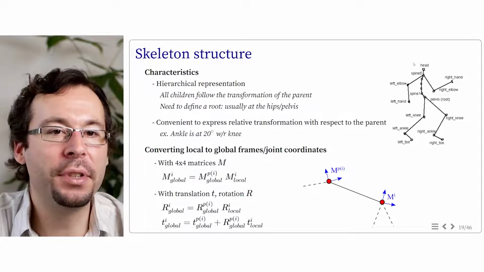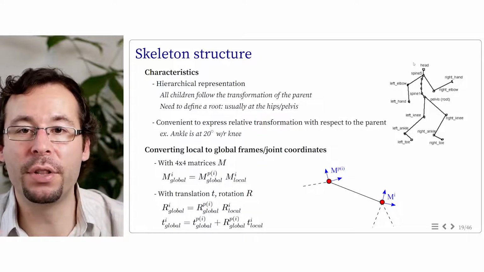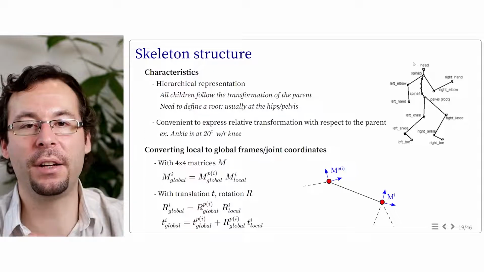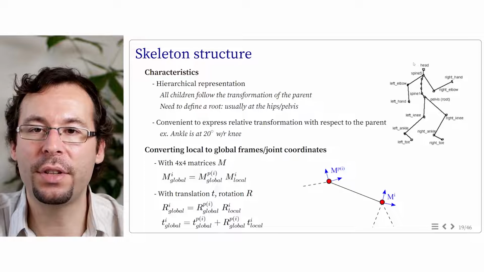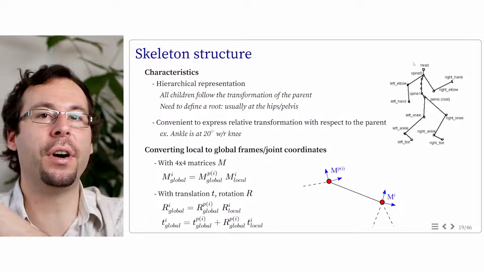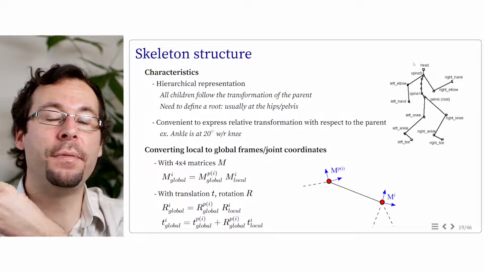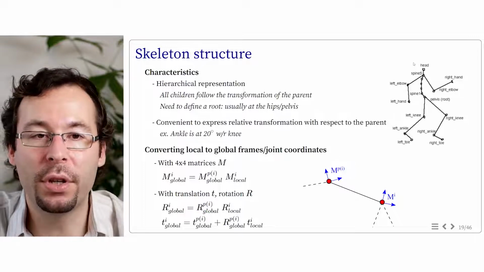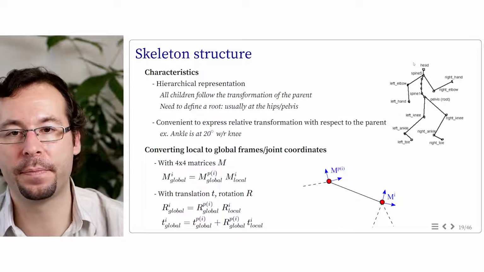And if we have an explicit representation with translation and rotation, then we can say that the current rotation in global coordinates is the rotation of the parent in global coordinates times the current rotation in local coordinate. And the current translation in global coordinate is the translation of the parent in global coordinate plus the rotation of the parent in global coordinate applied to the current translation in the local coordinate.